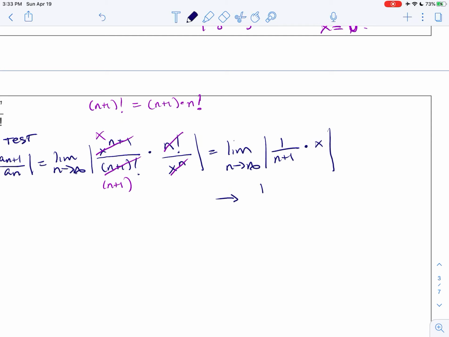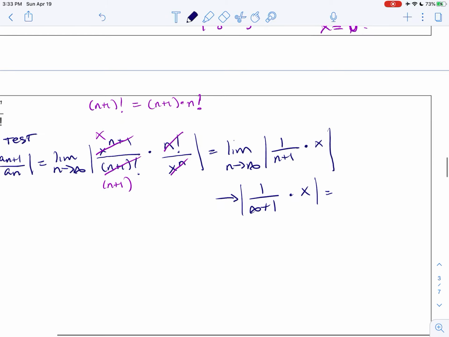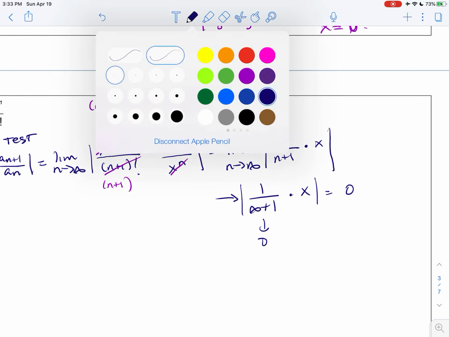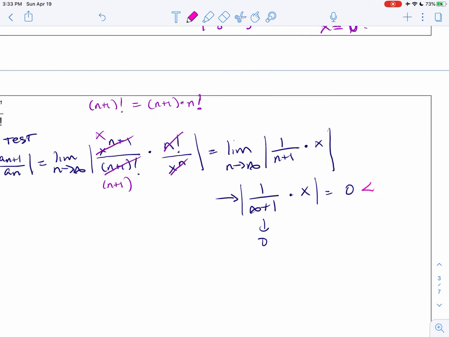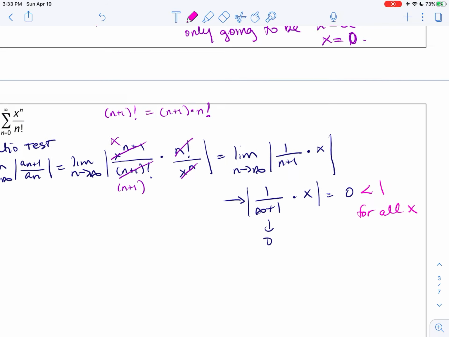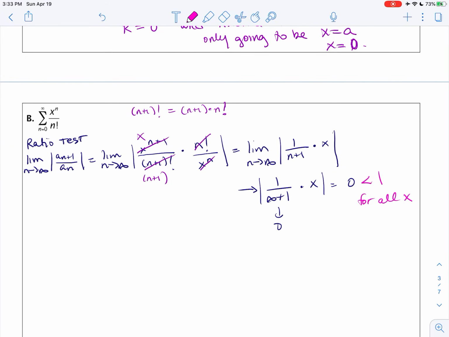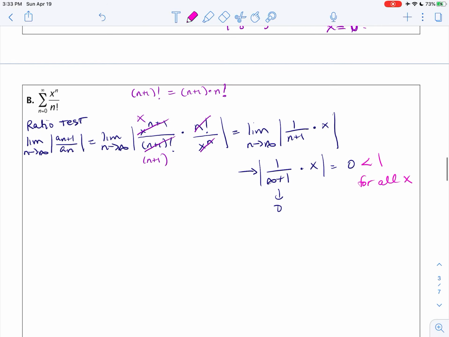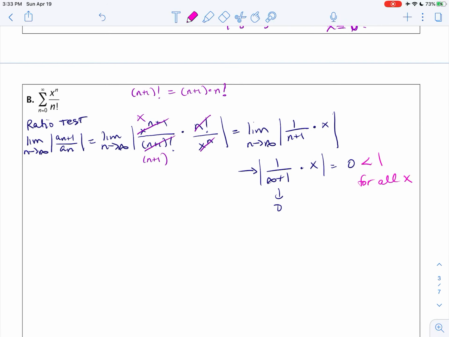And now when I take my limit here, n is going to go to infinity, so 1 over n plus 1 is going to go to 1 over infinity plus 1 times x. And this is going to go to 0 here, so 0 times x is going to go to 0. And 0 is always less than 1. And since this tells us that no matter what value of x I choose, this series is going to converge.